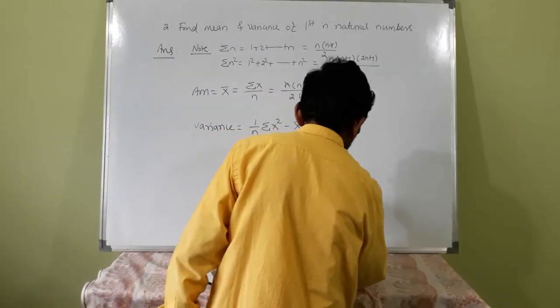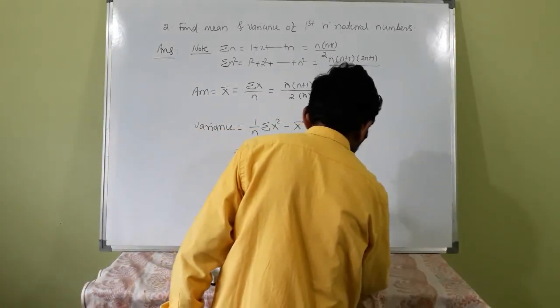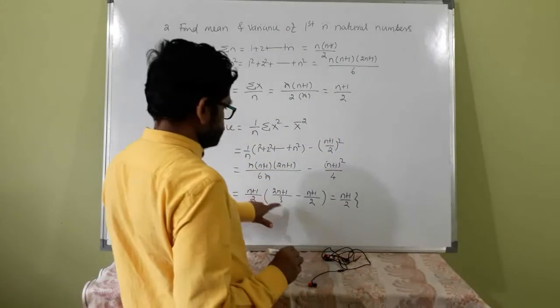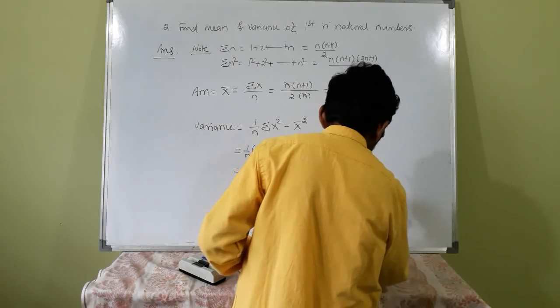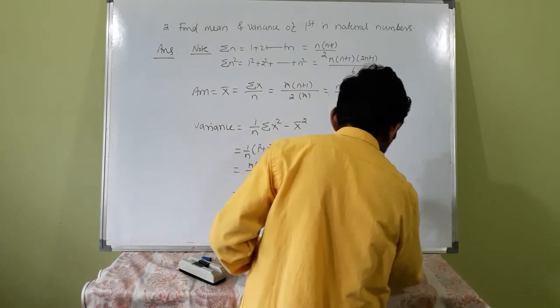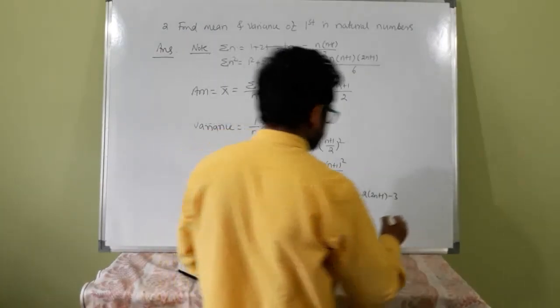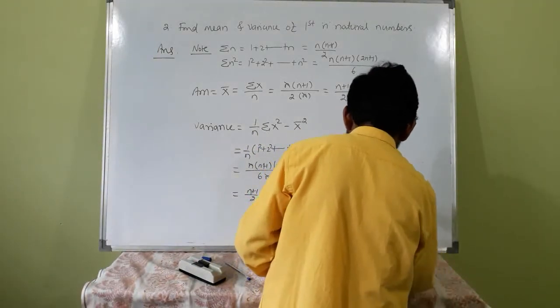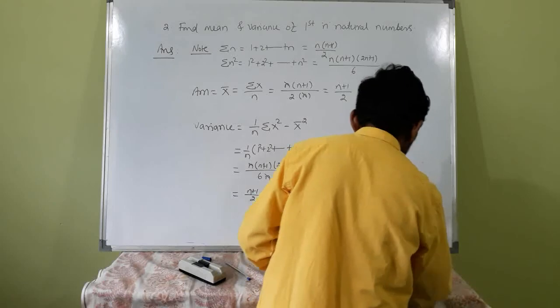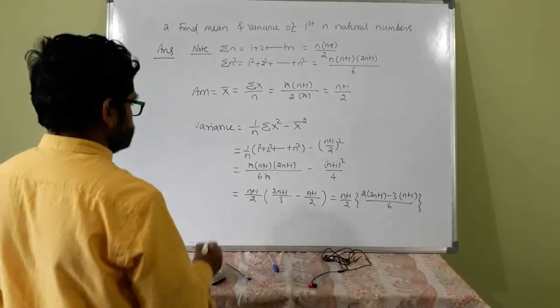So n plus 1 by 2 into bracket 2 into 2n plus 1 minus 3 into n plus 1, divided by 6. So what happens?